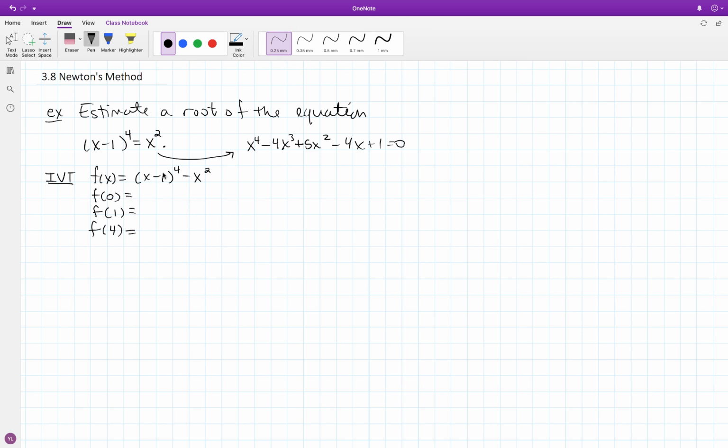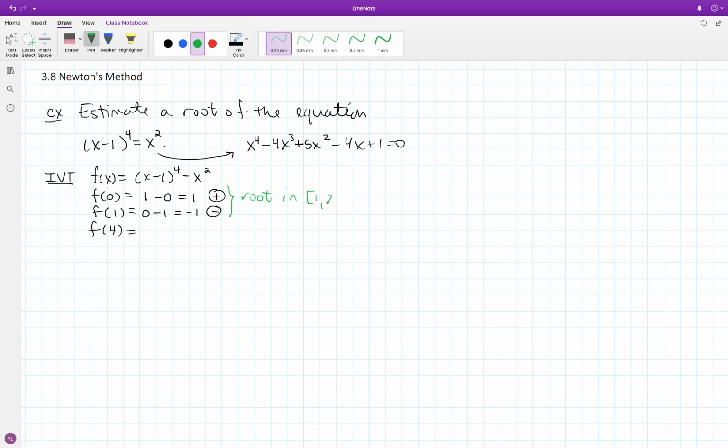The intermediate value theorem tells me that anytime this continuous function switches from positive to negative or vice versa, we're guaranteed to have a root in between those x values. When you plug in 0, you get 1, which is positive. When you plug in 1, you get 0 minus 1, which is negative. So I'm guaranteed a root somewhere in the interval between 0 and 1.